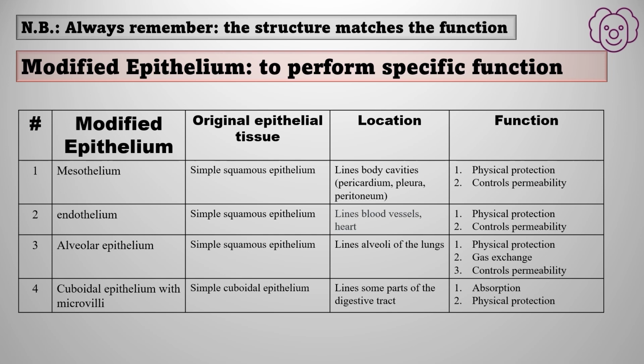So the first modified epithelium is called mesothelium. It originates from the simple squamous epithelium, so it has all the characteristics of simple squamous epithelium.